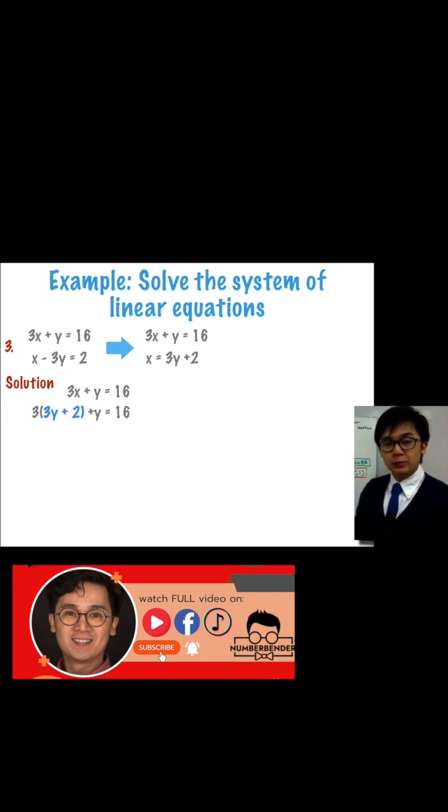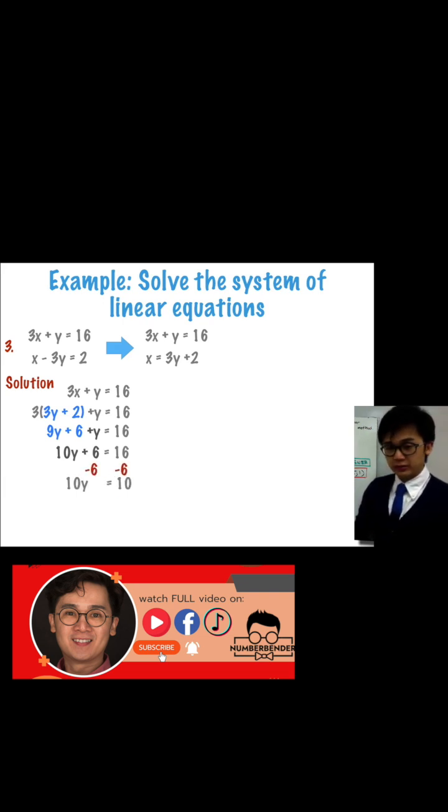And by distributing 3 to 3y plus 2, I'll have 9y plus 6 plus y equal to 16. And by combining like terms, 10y plus 6 is equal to 16 will become 10y equal to 10 by subtracting 6 on both sides. Now to have y by itself, we will divide both sides by 10 so that y is equal to 1.